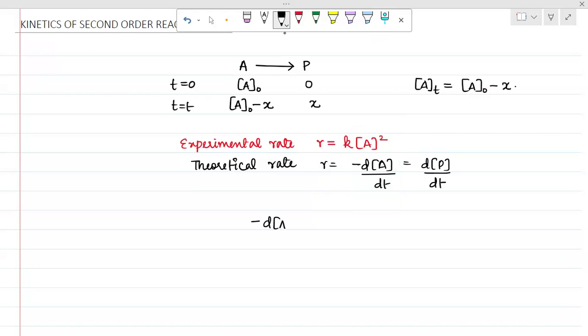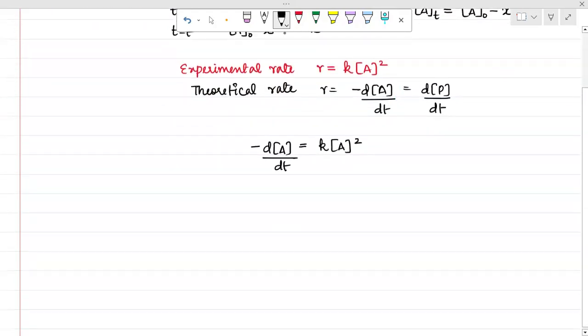So let's take them. Minus dA by dt equals K A squared. If I bring the A terms to one side, it becomes minus dA by A squared is equal to K dt.